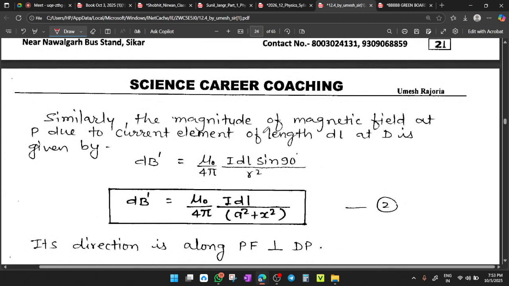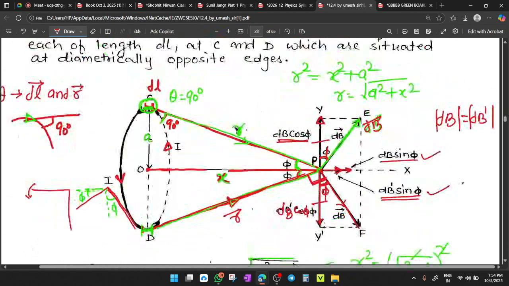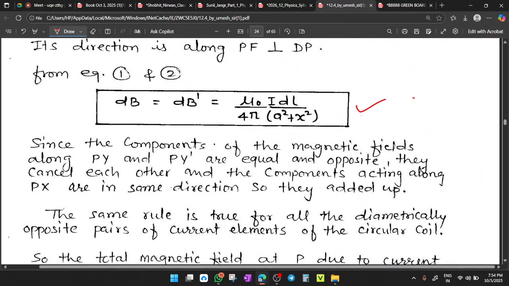Similarly, the magnitude of the magnetic field at P due to the current element of length dl at D is given by dB equal to mu naught upon 4 pi, I dl sine theta upon r square, that is mu naught upon 4 pi, I dl upon a square plus x square. It simply means the magnitudes because of this segment and this segment will be equal. So dB equals dB dash.